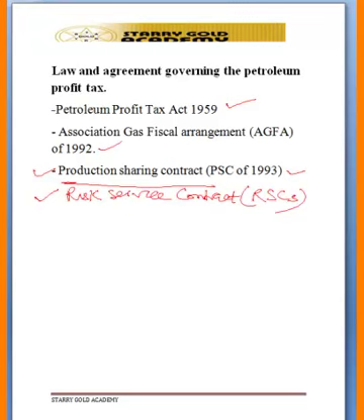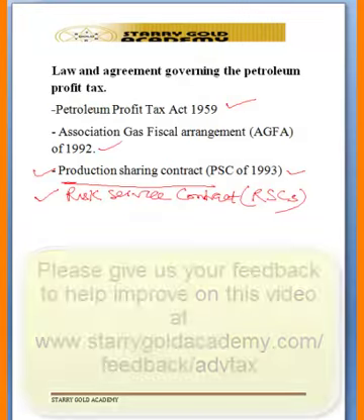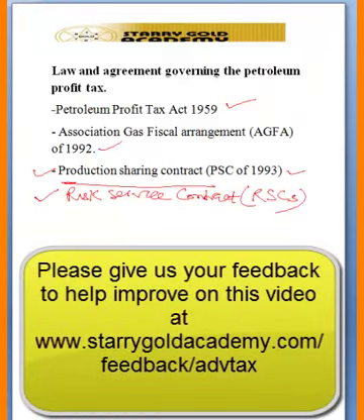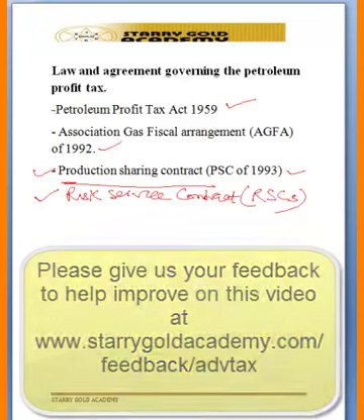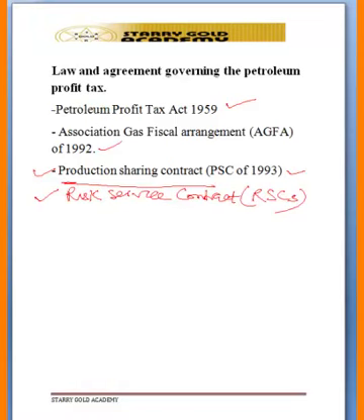And how is the contractor remunerated? He is reimbursed only from funds derived from the sale of oil produced. So again, that is the risk service contract. These are agreements we need to know about in the oil industry: the production sharing contract and the risk service contract.